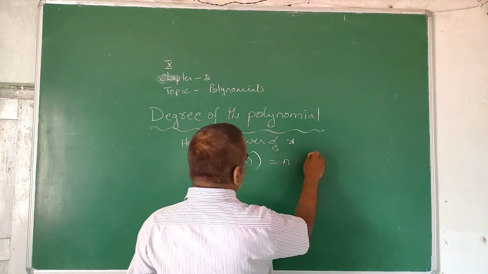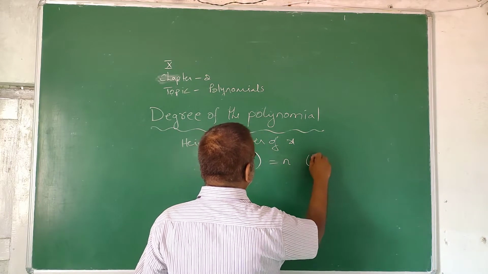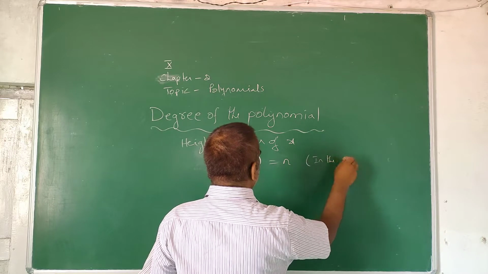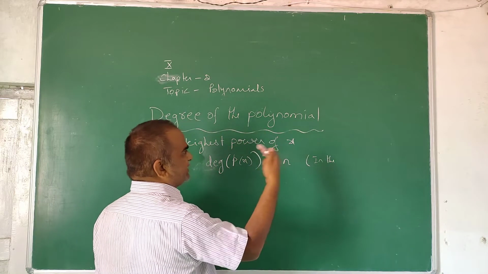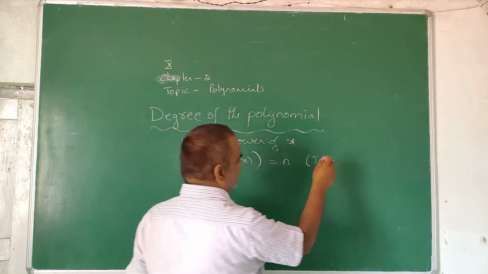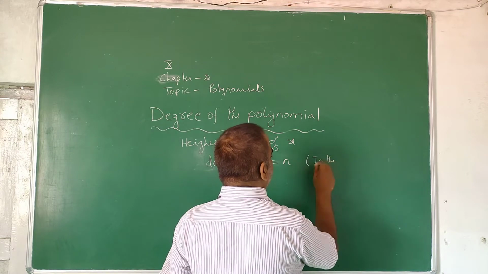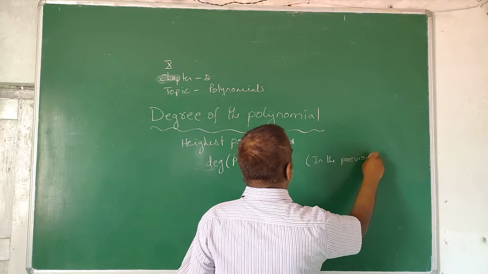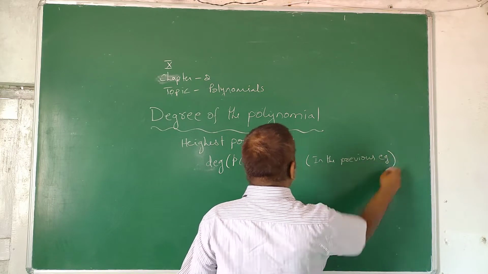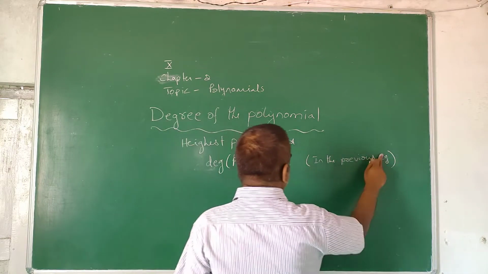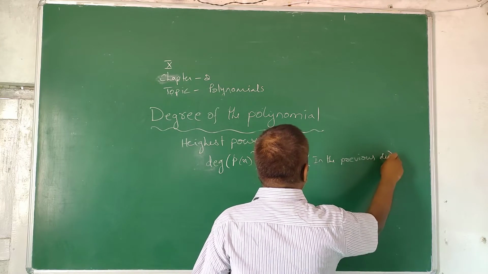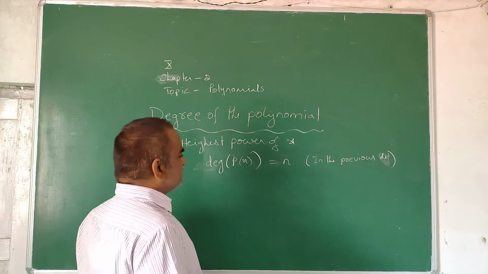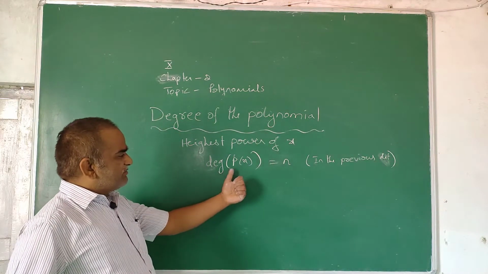In the previous definition, whatever p of x we wrote, the degree is n. So from the previous definition, the degree of polynomial p of x is n.